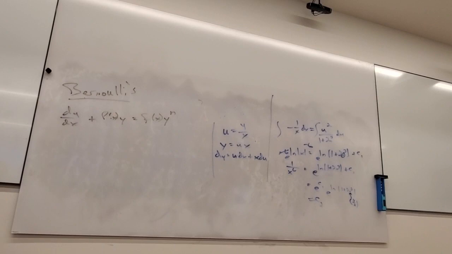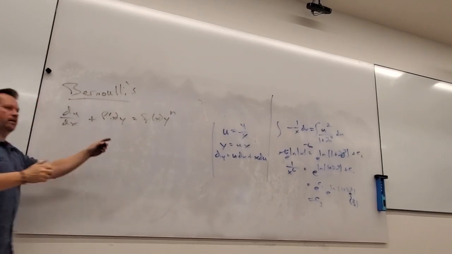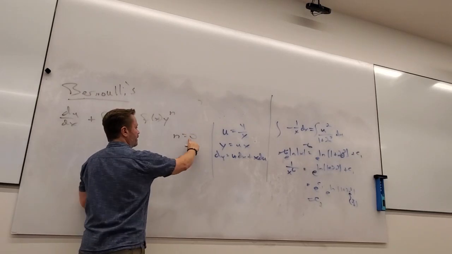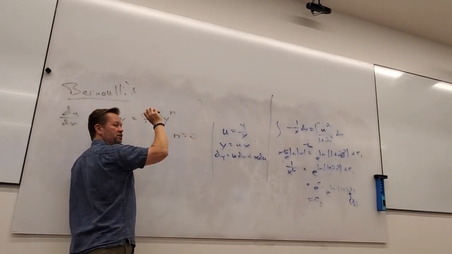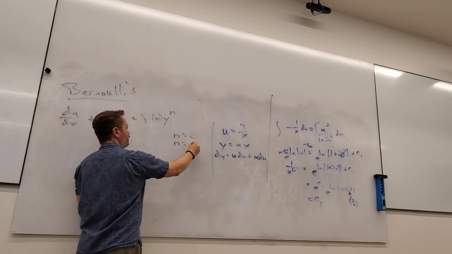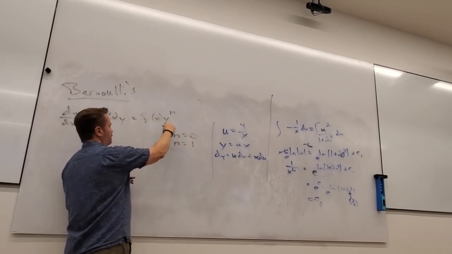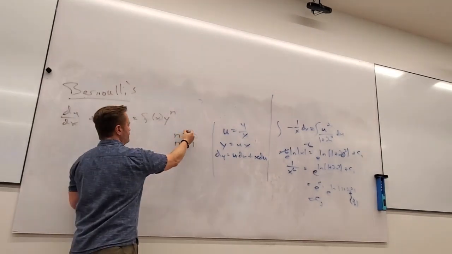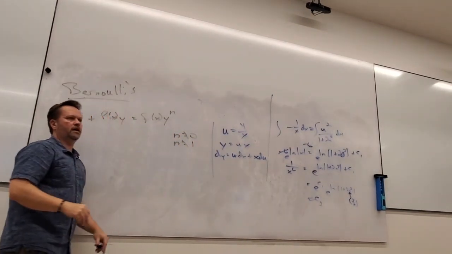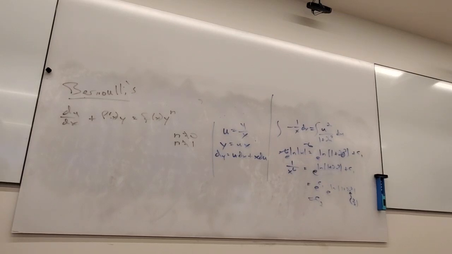Which powers of n do you wish that was? What, 0? 0 would be awesome, yes? Yeah, because then it is just linear. Or just linear. What if it was 1? That's fine. Then it would be like terms, right? So if n is not 0 or 1, then what can we do?